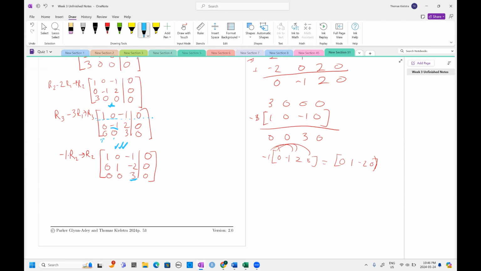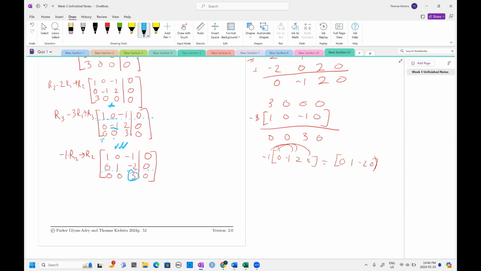Remember, we have to go only from rows that are below what we've fixed already or where we've picked our pivots. So the only entry we could have is this entry here. And notice that that entry is non-zero. Everything before is already zeroed out, so we only have this non-zero entry.